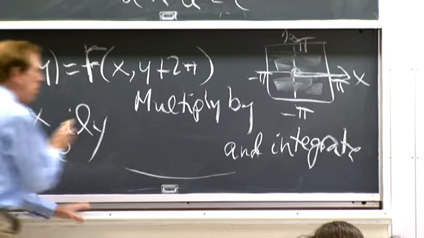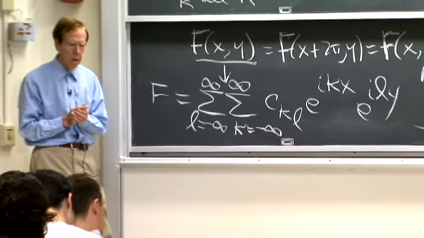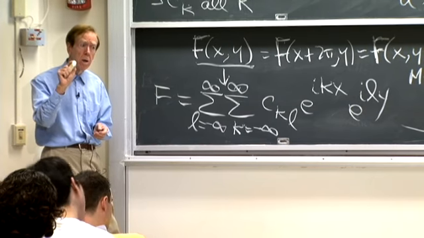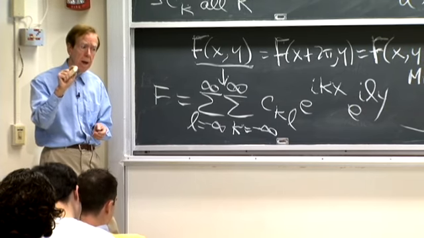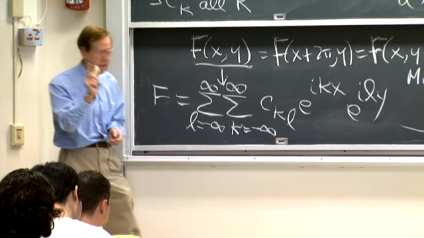Okay, what is it that I multiply by if I'm shooting for C23, for example? e to the i 2x? Minus, right.